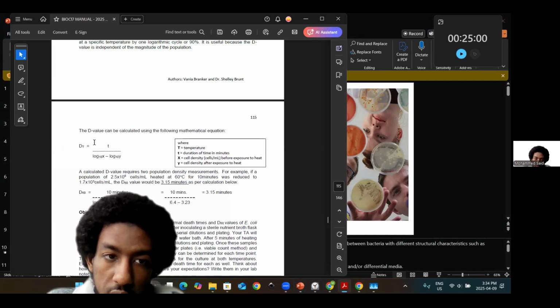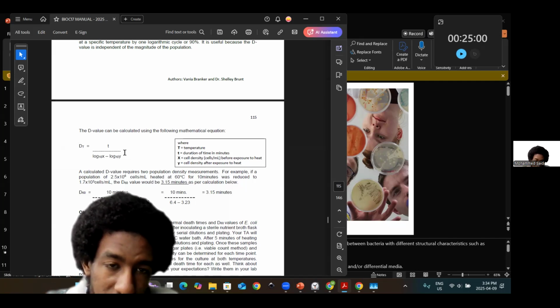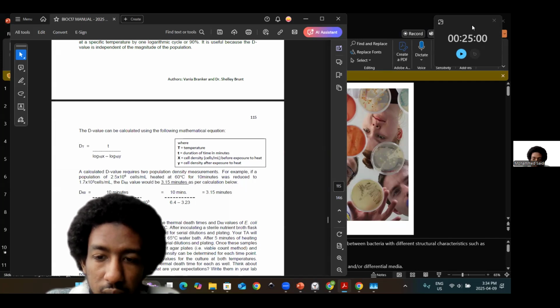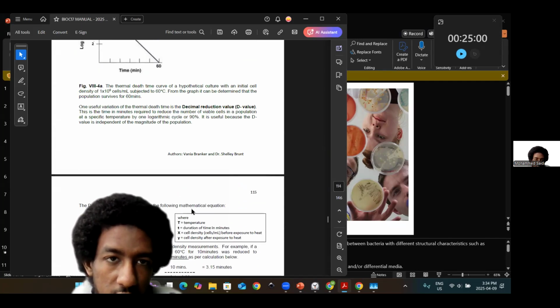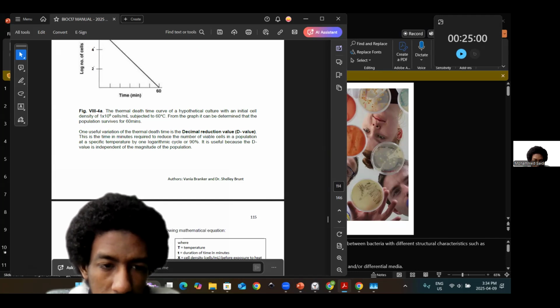You can also use this formula, which is like the inverse of what we've described from the past. Think about it like this. If you go up here, your TDT is your time. And I want you to understand this a bit more critically.